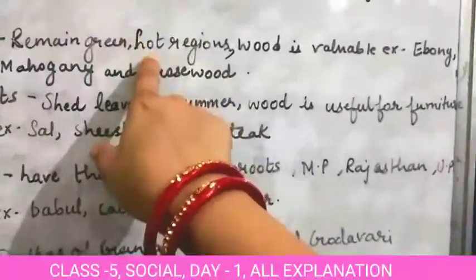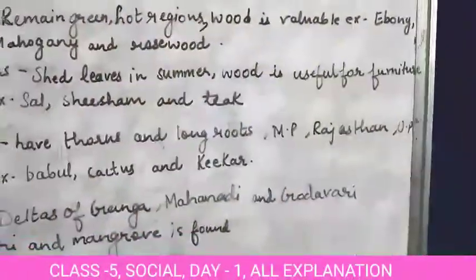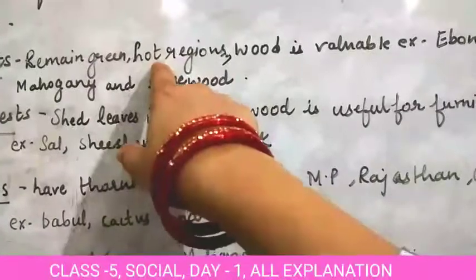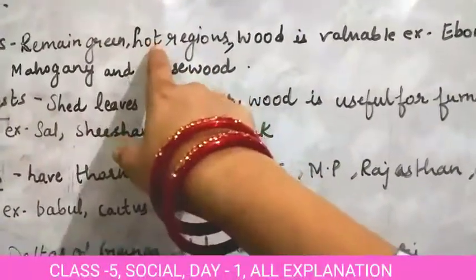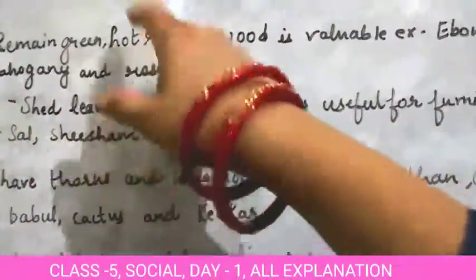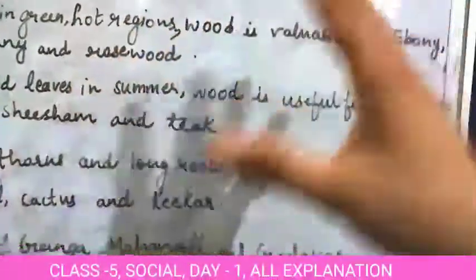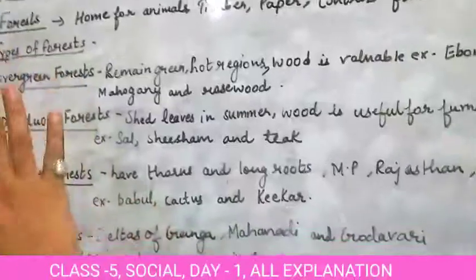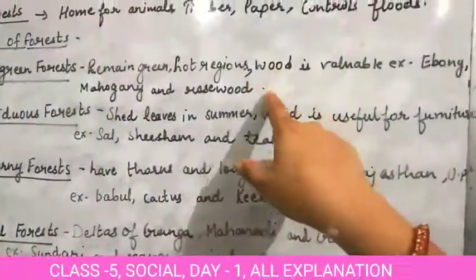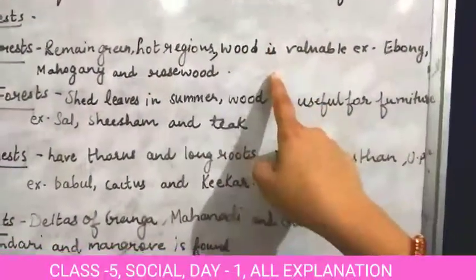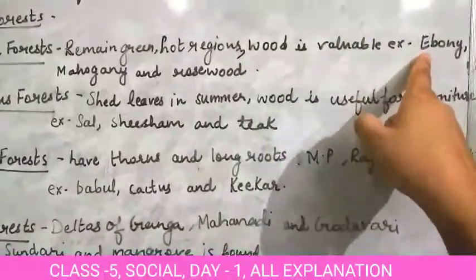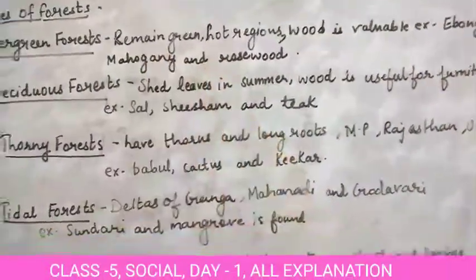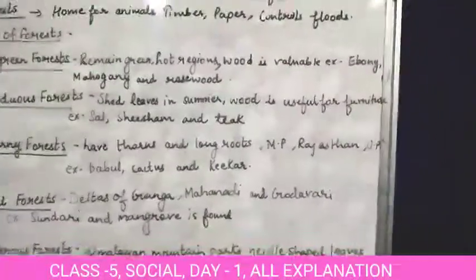It is found in hot regions, because when a region is hot, there is more evaporation and more rain. So rain and hot temperature both are there. That is why the trees remain evergreen throughout the year. Here some very valuable woods are found. Ebony, mahogany and rosewood are the trees found in this forest region.